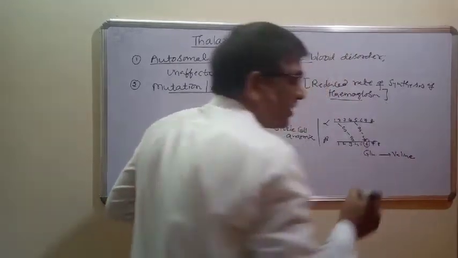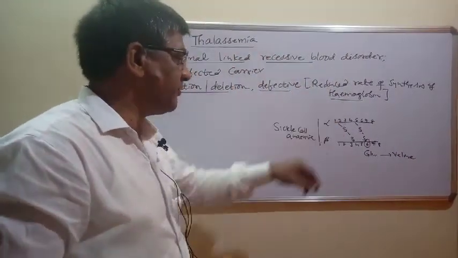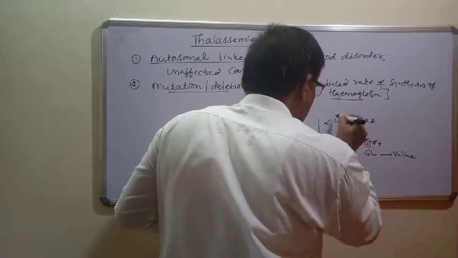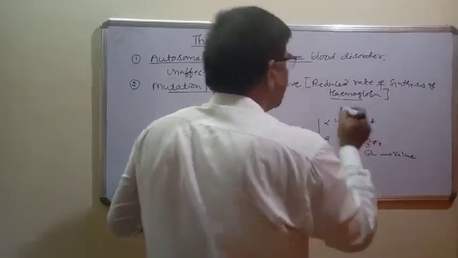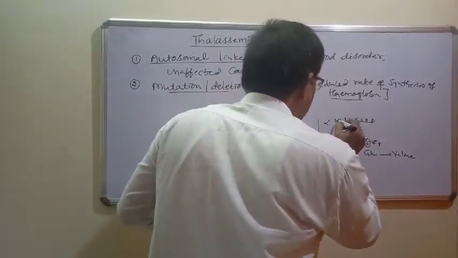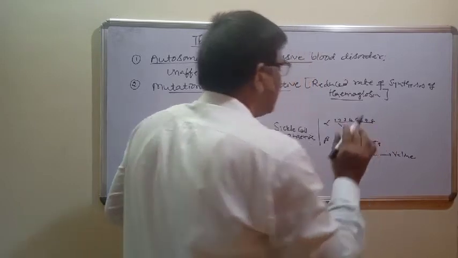That is because of the presence of a defective gene. In this way, in sickle cell anemia, the quantity of the protein remains the same. The length of both chains, alpha chain and beta chain, remains the same.